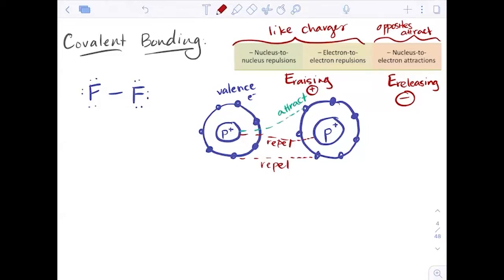Now, this doesn't necessarily mean good or bad, but we know that atoms bond to lower their energy, become more stable. That overall is a good thing. And so what we want to be able to think about is the reason why bonding occurs, whether it's ionic or covalent, is because the attractions outweigh the repulsions.